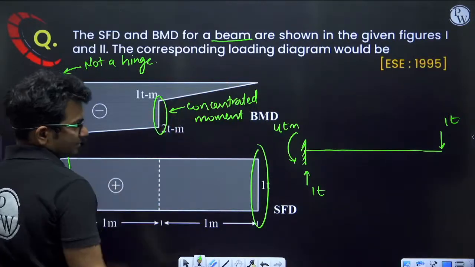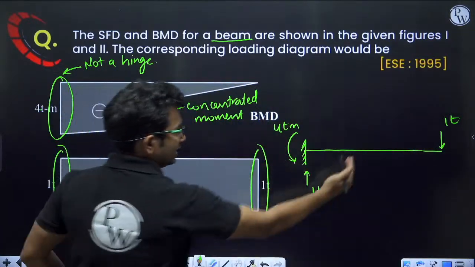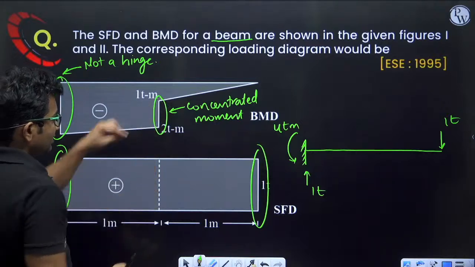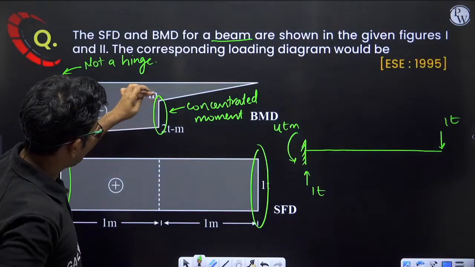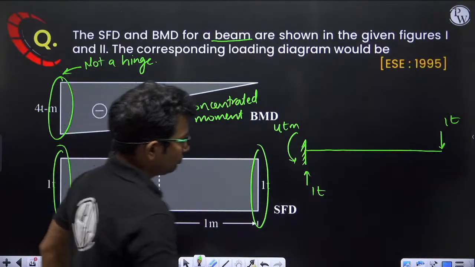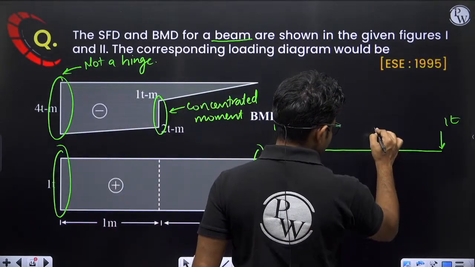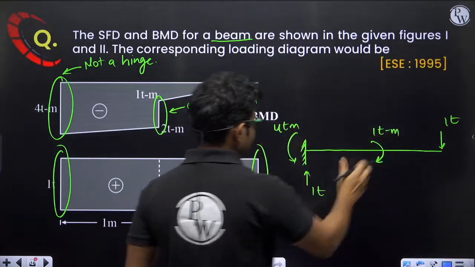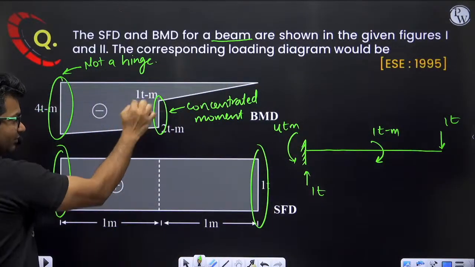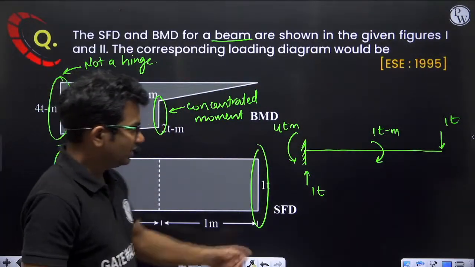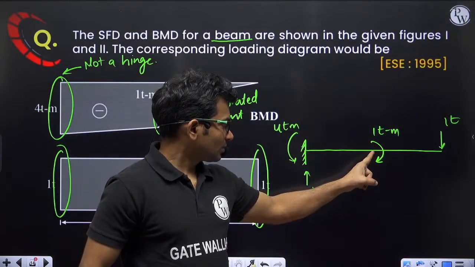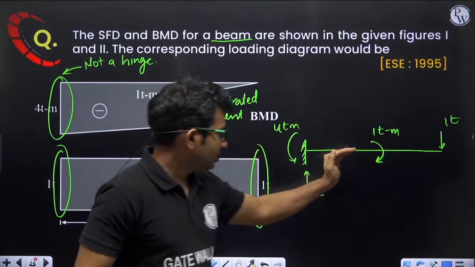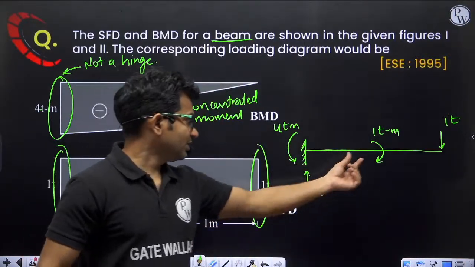This is 1 meter, so 1 ton force into 1 meter distance, 1 ton meter is the moment here, and here there is a sudden drop of 1 ton meter. So a moment of 1 ton meter is acting, and it is giving negative bending moment. Because of this we are getting a drop, sagging bending moment.